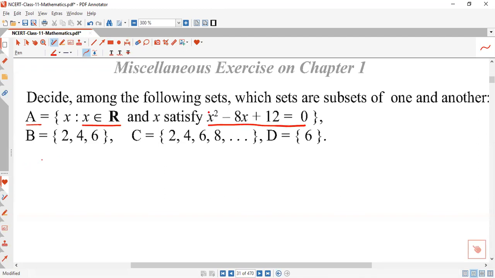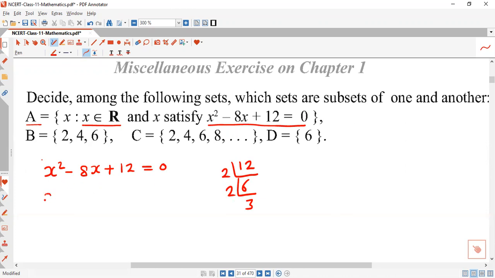So we first find the factors of x square minus 8x plus 12 equal to 0. You write down the factors of 12. No, we say 6 and 2.